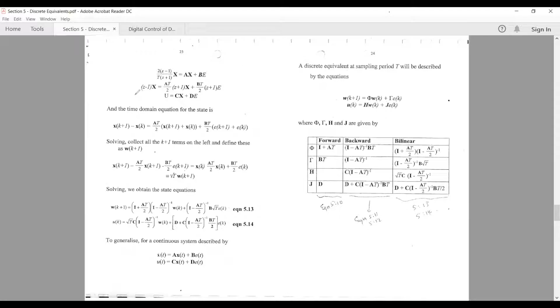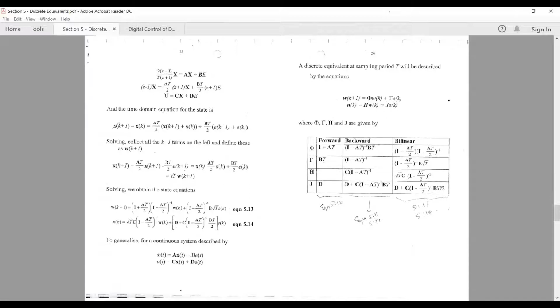Now if we expand, we get z minus 1 times x is equal to tA over 2 times z plus 1 times x plus tB over 2 times z plus 1 times e, and u is basically the same, Cx plus De.